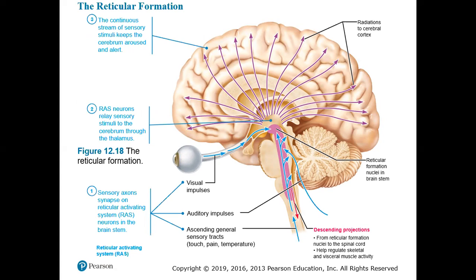The reticular activating neurons will relay the information to the cerebrum, but it has to go through the thalamus first. The continuous stream of stimuli will keep the cerebrum aroused and alert. So you can see if there's damage there, how almost everything shuts down.